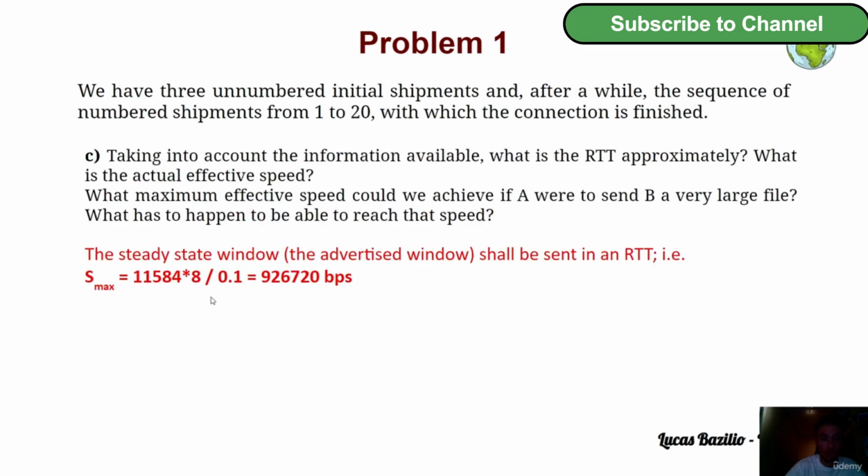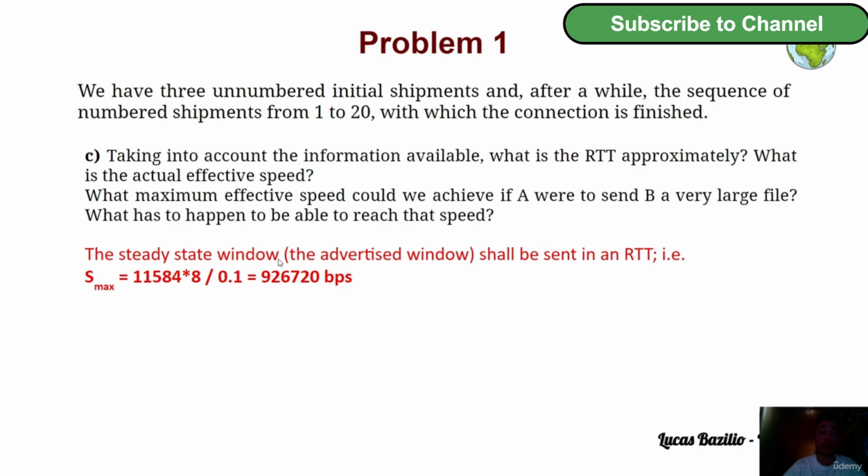Here we are rounding this to 0.1, and this gives us a total of 926,720 bits per second. This is the maximum effective speed that we can achieve if the application A were to send to the application B a very large file.